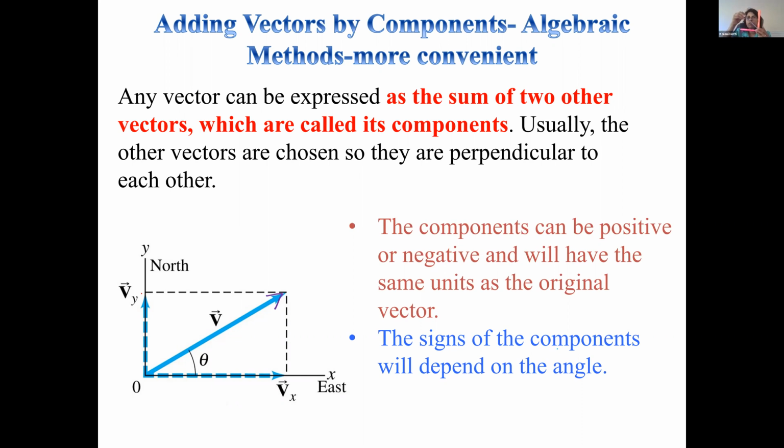That means this vector I can represent using two vectors which are perpendicular to each other. These two vectors we call components, right? So now if I have V vector, the x component we call V of x, and the y component we call V of y, right? So these two vectors are perpendicular to each other.